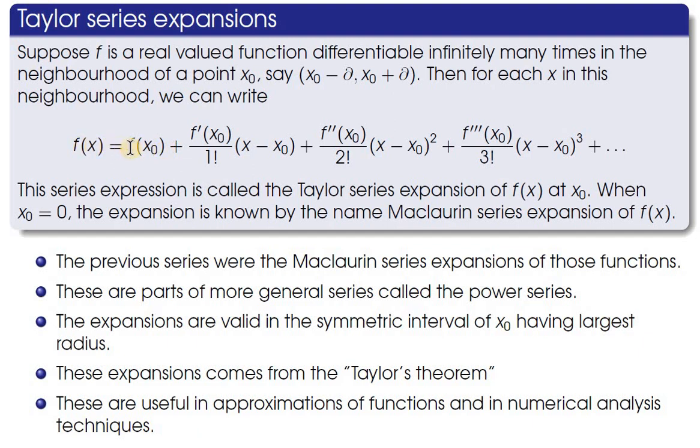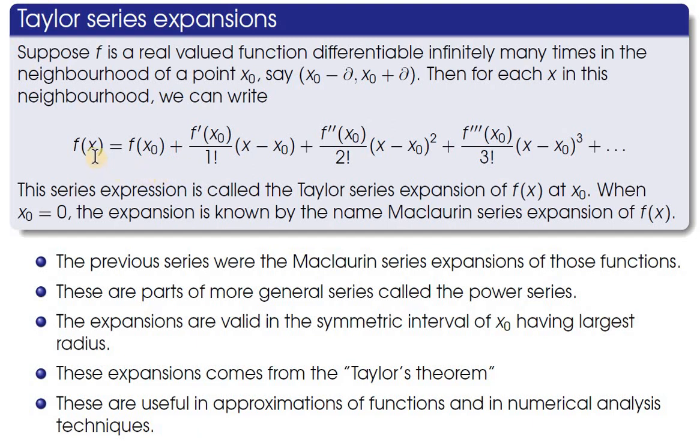That is, we are writing f of x as f of x naught plus f dash x naught by 1 factorial into x minus x naught, plus f double dash x naught by 2 factorial into x minus x naught whole square, plus etc., plus the n plus 1th term, which will be the nth derivative at x naught divided by n factorial into x minus x naught raised to n, plus etc.